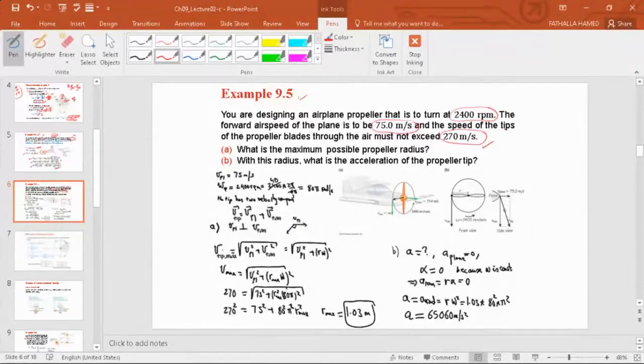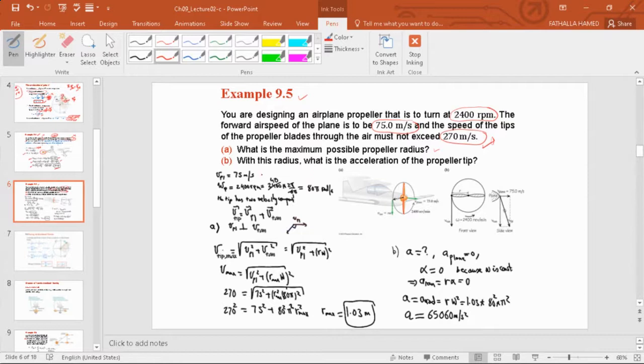You exceed this, something will happen to the propeller, and of course it will deform, and that of course will not serve your purpose. They tell us here what is the maximum possible radius that we can have for the propeller. Make sure that the speed cannot exceed 270 meters per second, and then with this radius, what is the acceleration of the propeller?